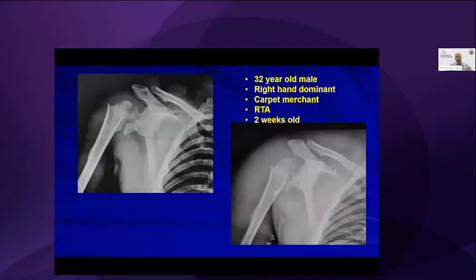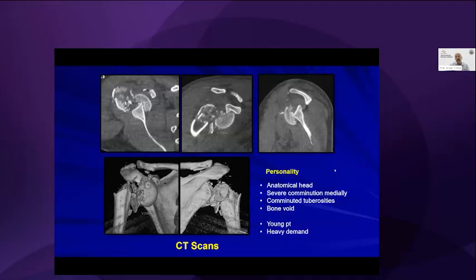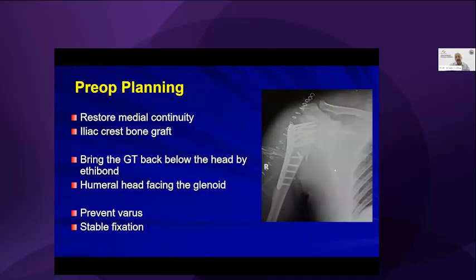I'll just take one more case like this, showing you an anterior dislocation, another very small anatomical head, 4-part fracture dislocation anteriorly, managed similarly in a young patient of 30 years. But here, instead of a fibular graft, we used an iliac crest tricortical graft with a small anatomical head, maintaining the shaft and neck angle properly.